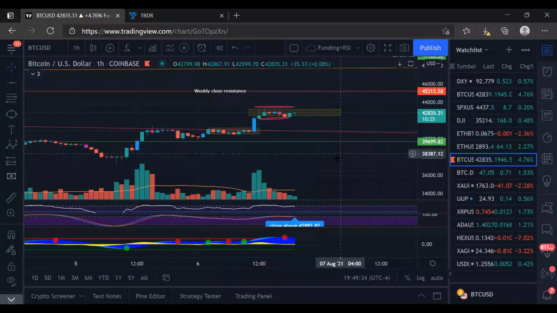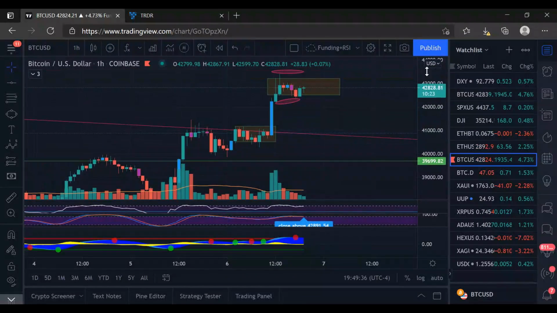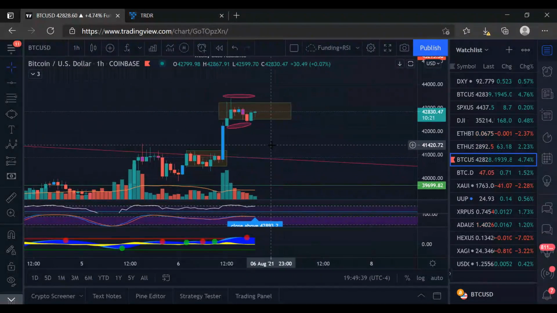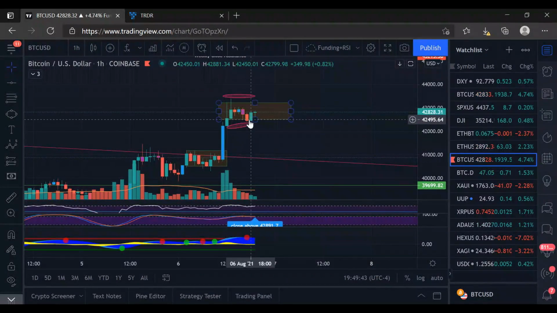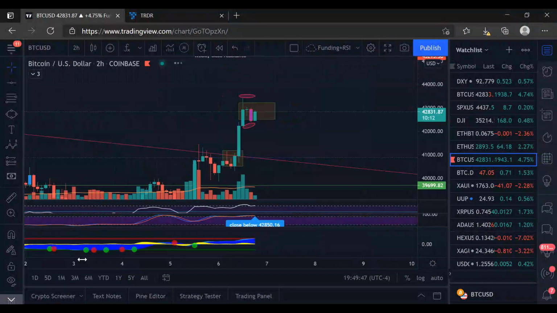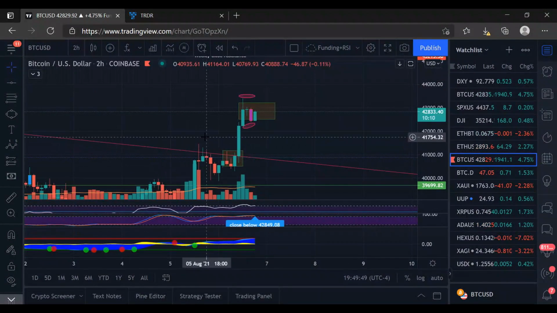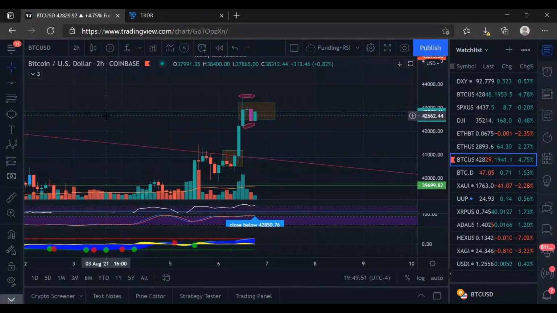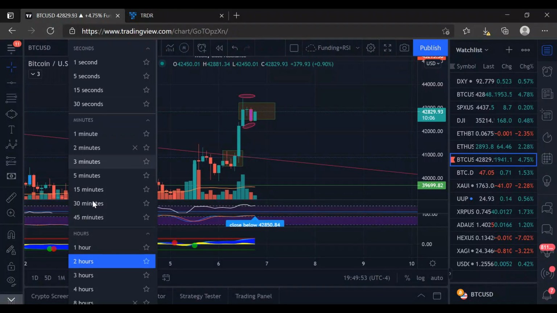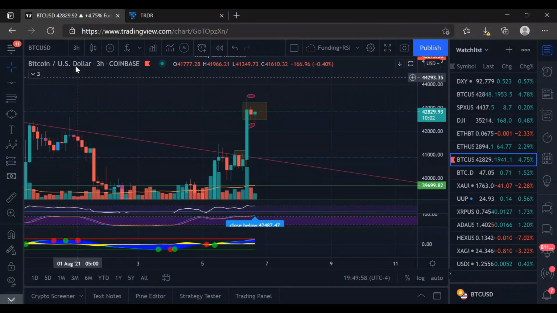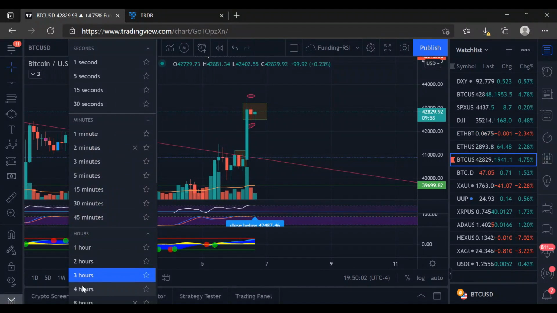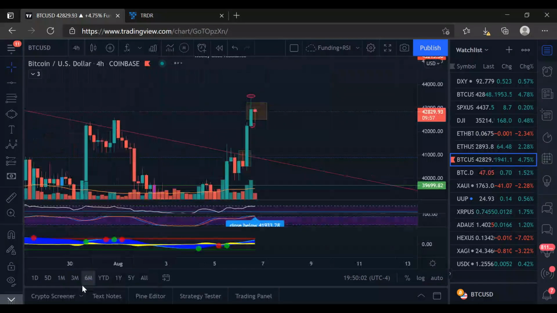It's up. What can we see locally? See anything that I can base a trade off of? 1 hour, no. 2 hour, no. I don't like that. 3 hour, nope. 4 hour, no, it just still looks like an uptrend to me.